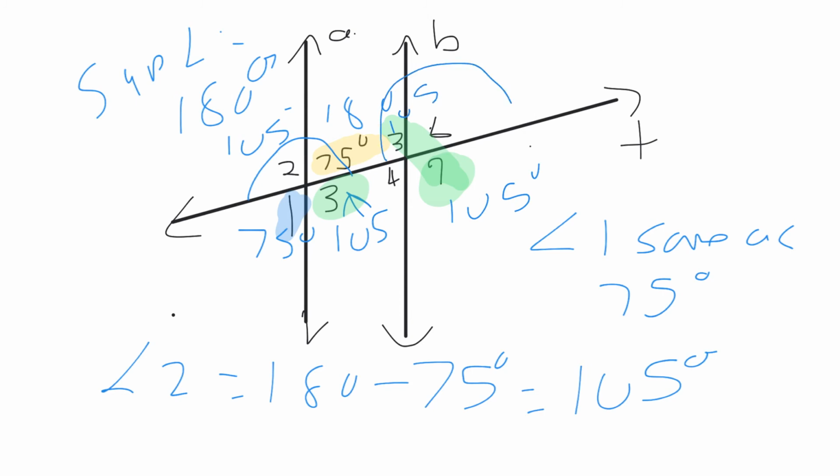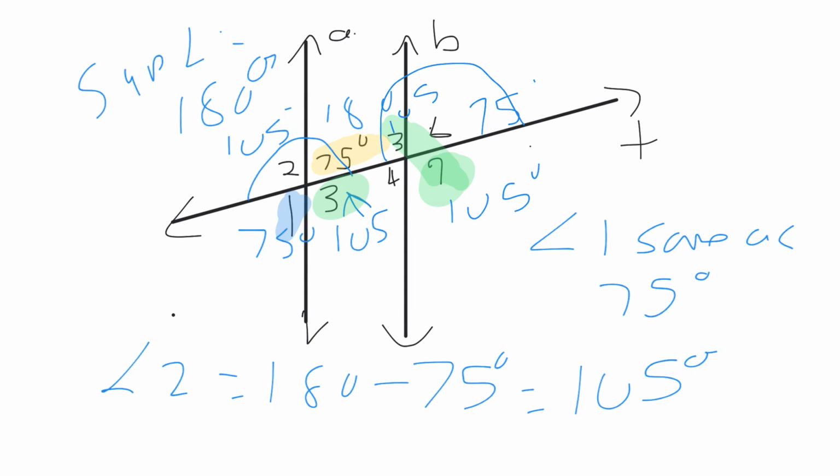And that makes this a supplementary angle. So if angle 3 is 105, then angle 6 must be 75 degrees.